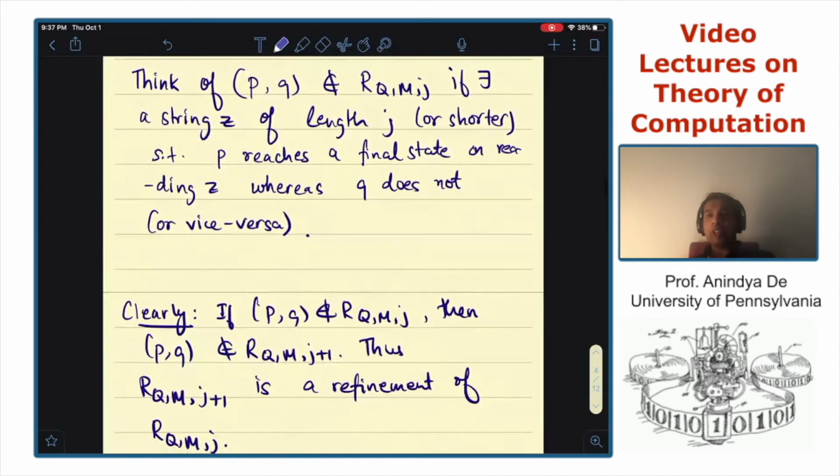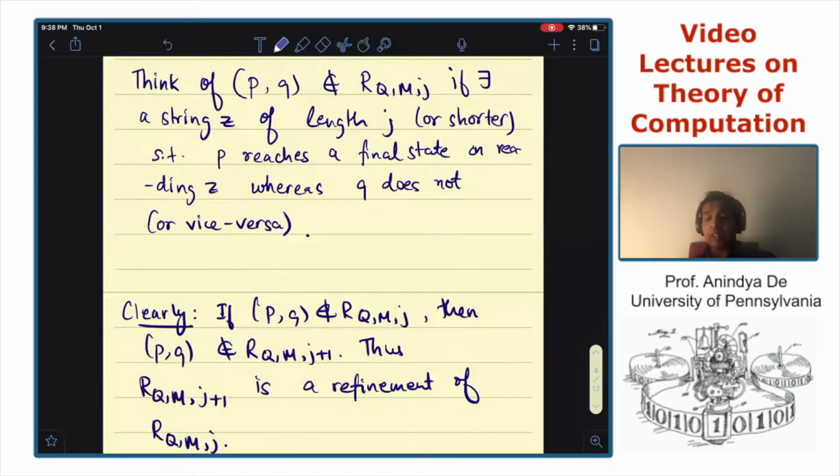Now, two things I want you to observe. The first thing is that trivially, the refinement fact that I mentioned, that R_{Q,M,K} refines R_{Q,M,J} whenever K is bigger than J, immediately follows from the definition now.